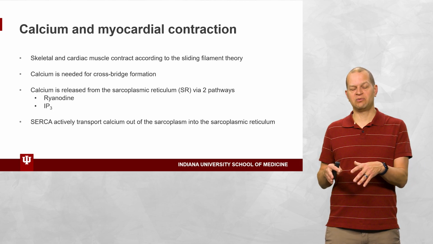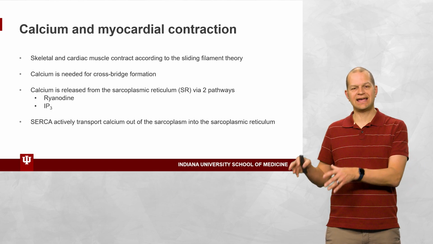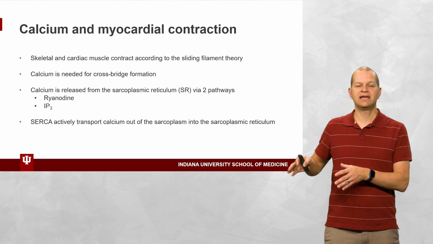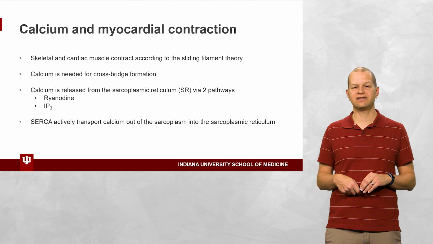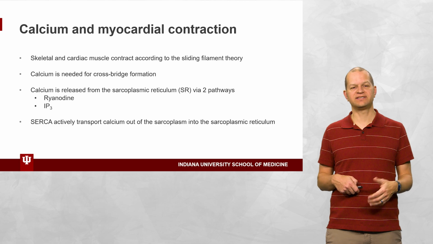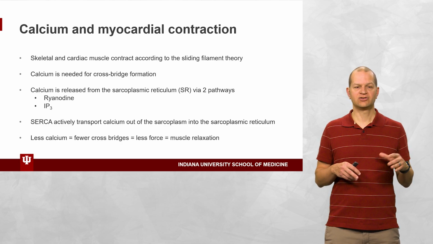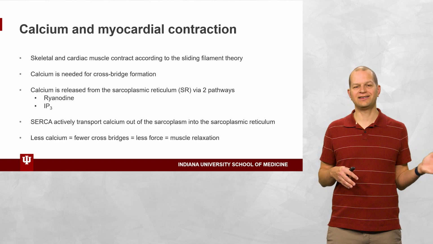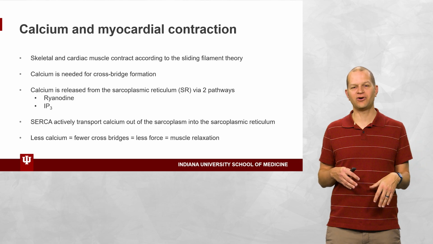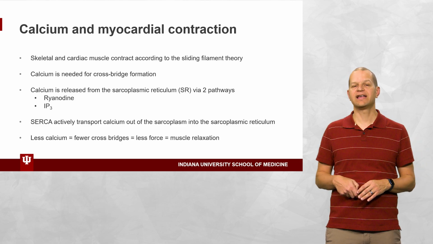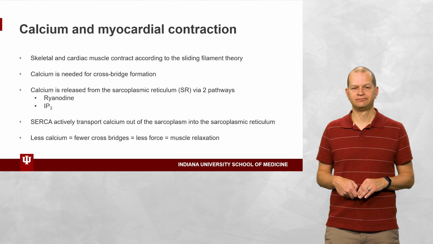And so what this pump does, as a reminder, is it takes calcium that's in the sarcoplasm and brings it back into the sarcoplasmic reticulum, which allows that muscle cell to relax. So as a result, there's less calcium, less cross bridges, less force. In other words, the cardiac muscle cell is able to relax.